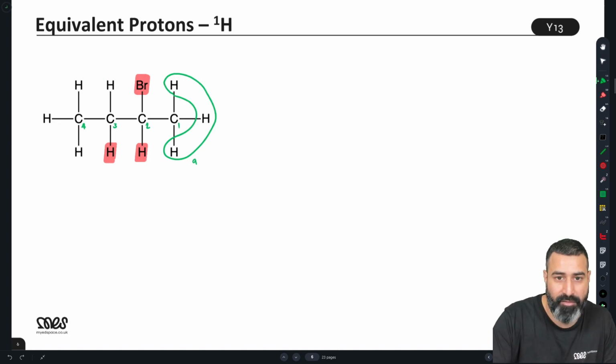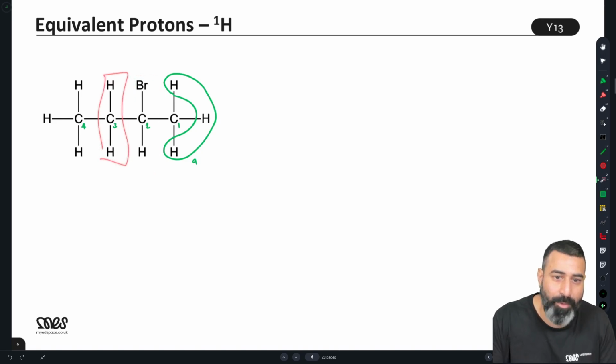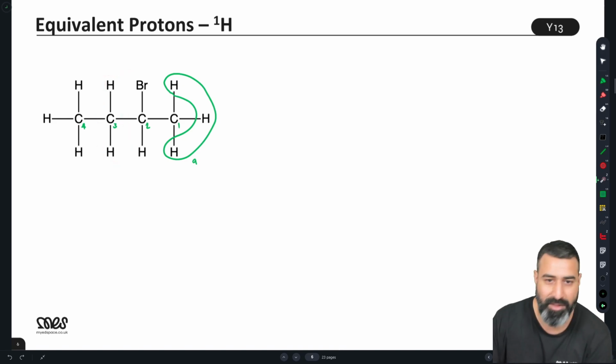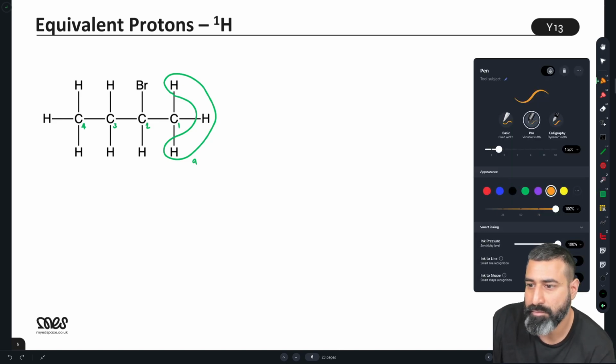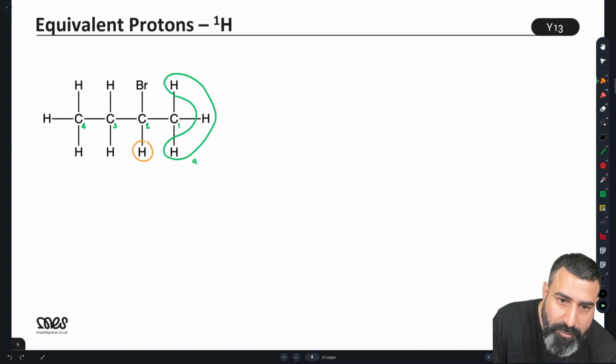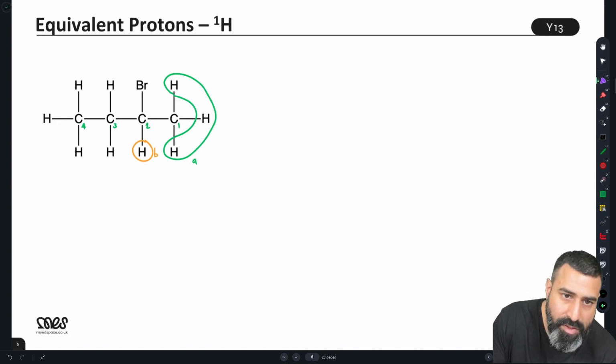Well, they are obviously different because this one's got a Br living with it, whereas this CH at the bottom has an H living with it. It's got different occupants if you want to think about it that way. So this is going to be environment B. And then this is going to be environment C.